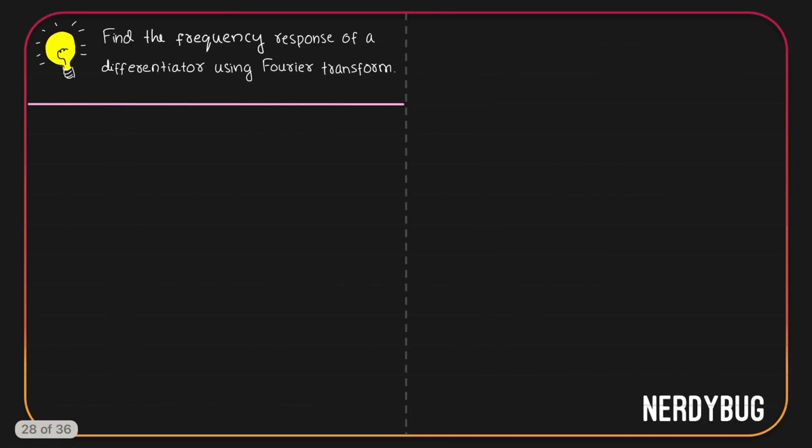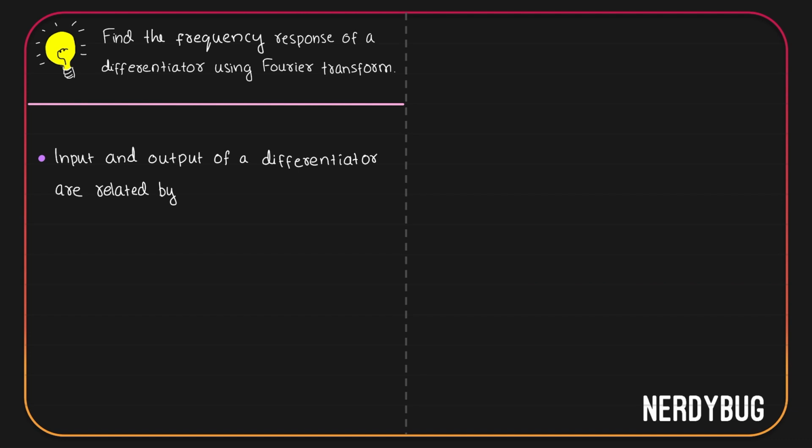Let us solve a problem now. We have to find the frequency response of a differentiator using the Fourier transform. We can relate the input and output of a differentiator like this. The output y of t is the derivative of x of t, d by dt of x of t. Let us use the differentiation property to find y of j omega.